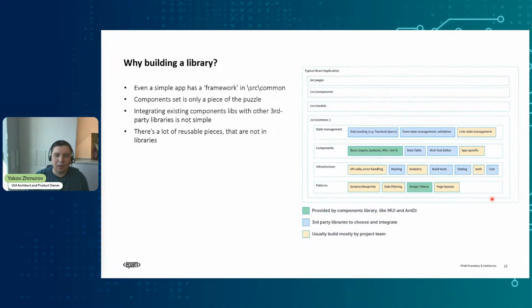These components also need to be themed and integrated. You also need to pick and integrate many other pieces, like choosing a form state manager. Each of these steps leads to a collection of shared components, patterns, helpers, sitting somewhere in your /src/common folder.